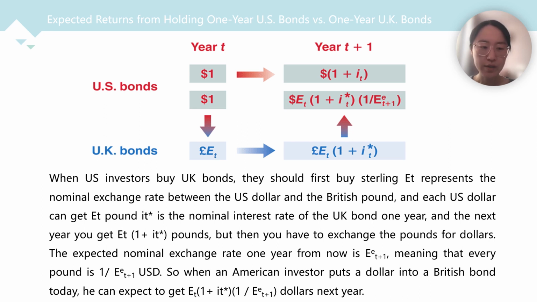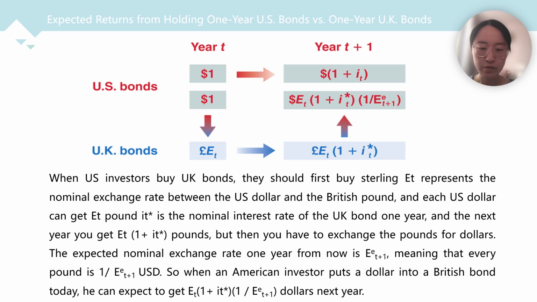When US investors buy UK bonds, they should first buy sterling. E_t represents the nominal exchange rate between the US dollar and the British pound, and each US dollar can get E_t pounds. i_t^£ is the nominal interest rate of the UK bond for 1 year, and the next year you get E_t times (1 + i_t^£) pounds.